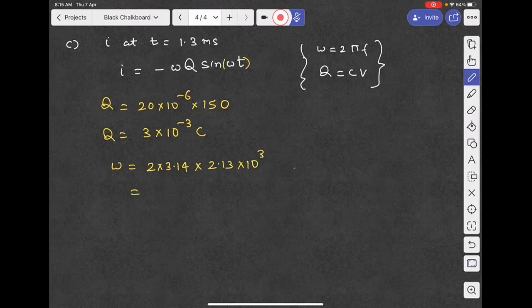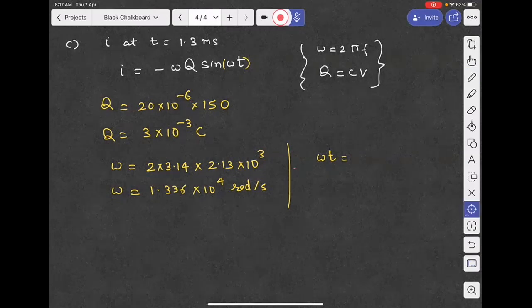So this omega will come out to be 1.336 into 10 to the power 4 radians per second, because it's angular frequency. For the value inside the bracket of sine, it will be easier if we write this in terms of degrees instead of radian. Like here if you see, the answer of omega that we have got is in radians per second. So let us rewrite it.